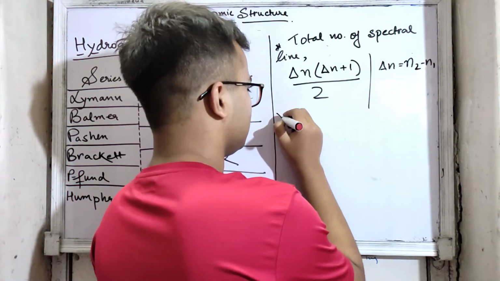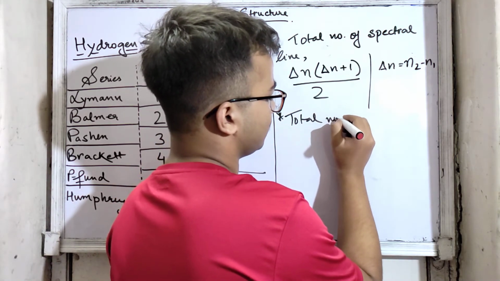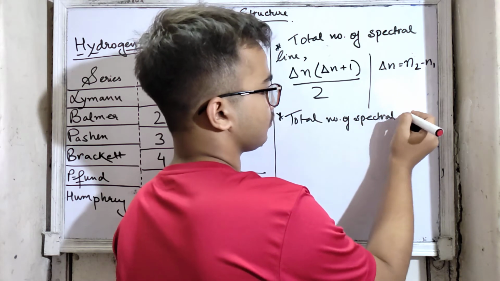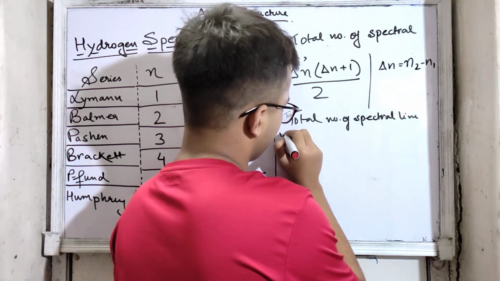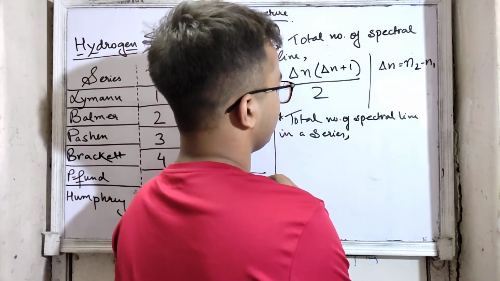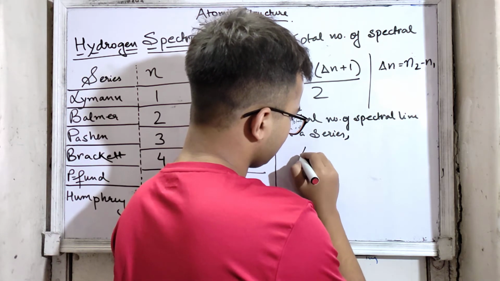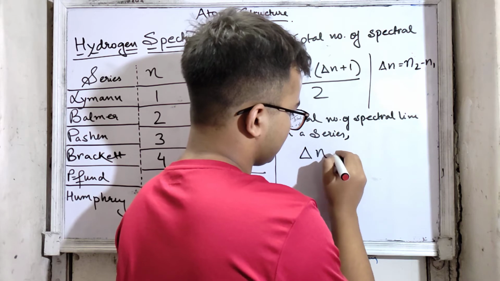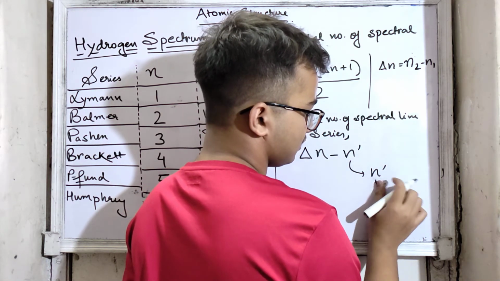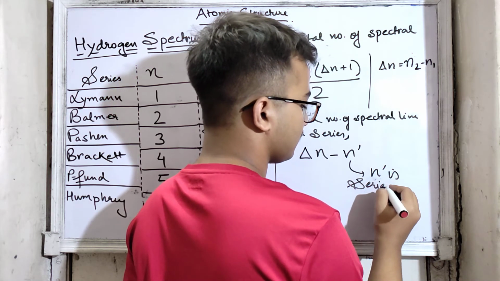Okay, the next thing which comes is the total number of spectral line in a series. Okay, so it comes delta n minus n dash, where n dash is your series number.